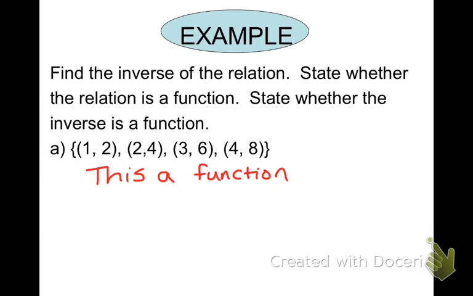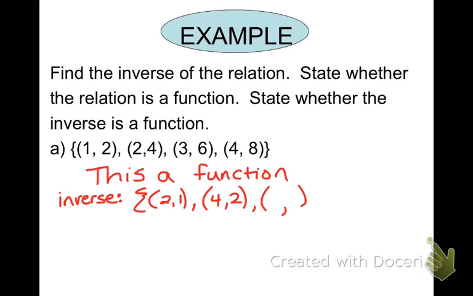Okay, so now let's do the inverse. What would be the first ordered pair? (2, 1). What would be the second ordered pair? (4, 2). There it is. I know this is where we find those who have dyslexia. Sometimes I have dyslexia. Next one would be (6, 3), and then (8, 4).